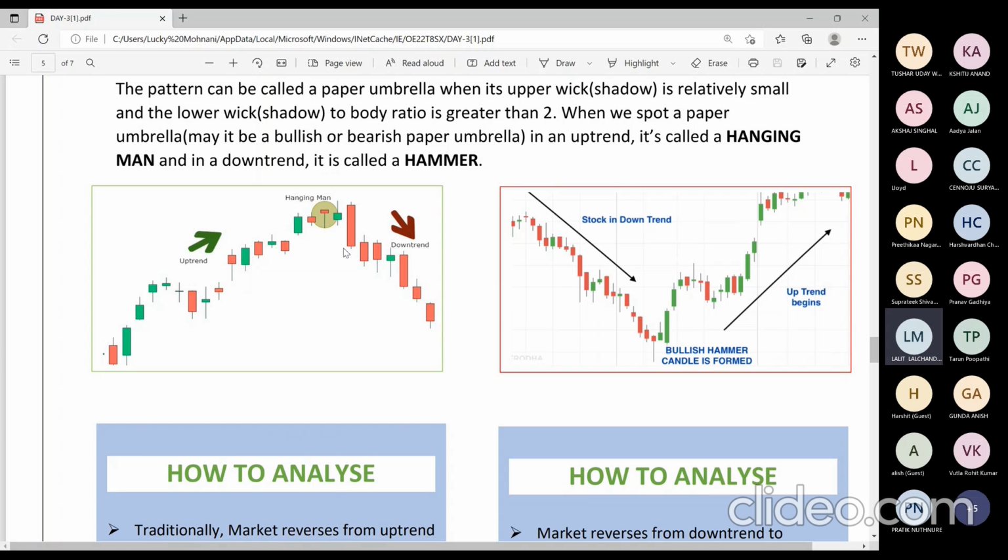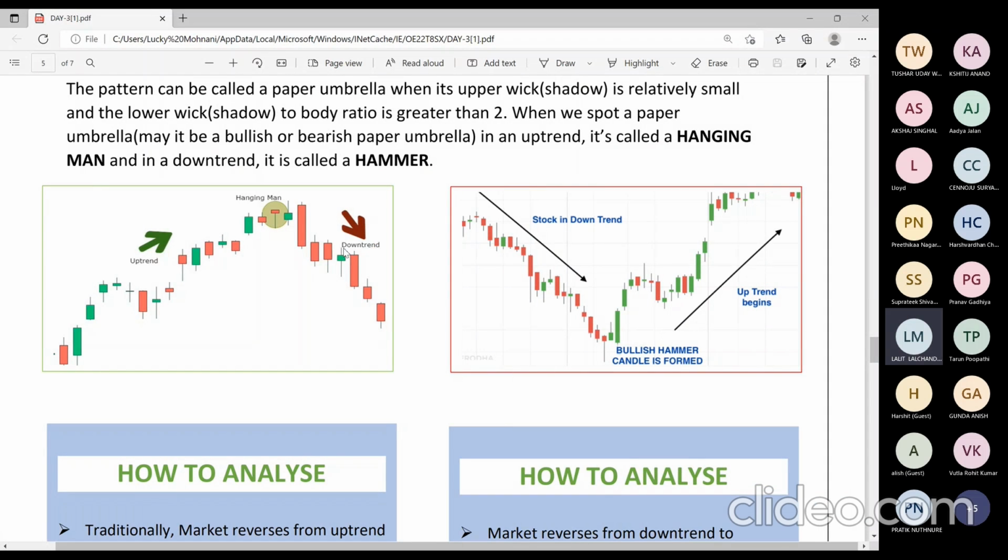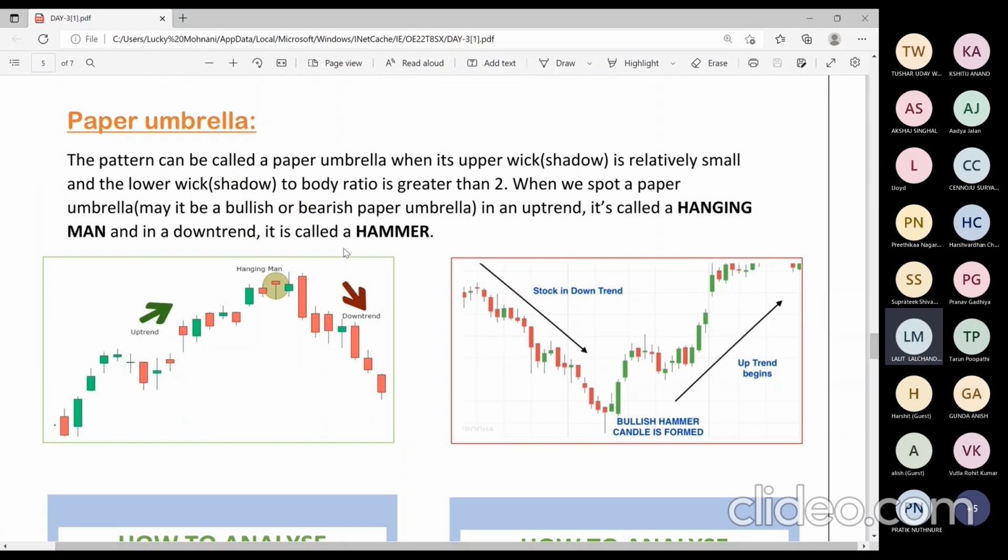This indicates that now bears are in control, so we may predict that in the upcoming days the stock's price is going to reduce. We may find a downtrend in the stock, and so we may find shorting and selling opportunities.